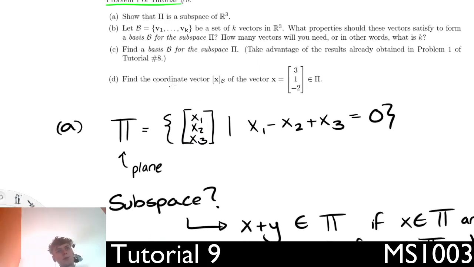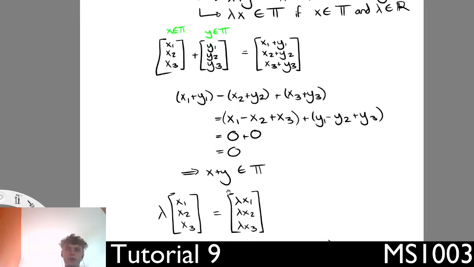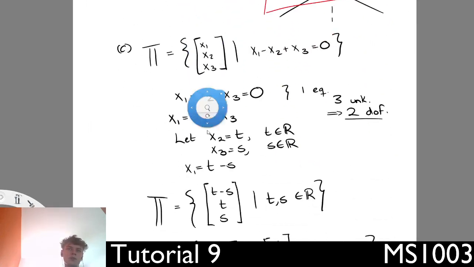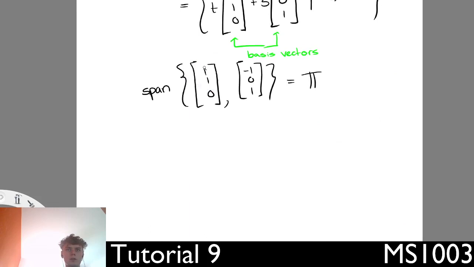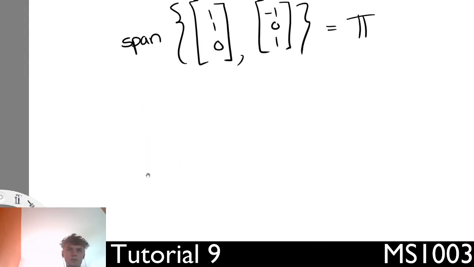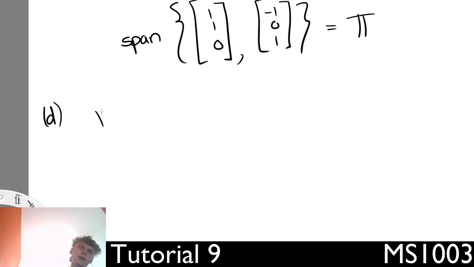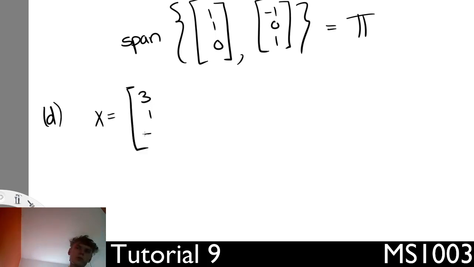And part D, pretty fine. Find the coordinate vector x in the basis of B of the vector 3, 1, minus 2 in pi. So x is 3, 1, minus 2.